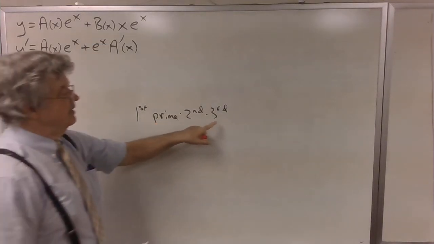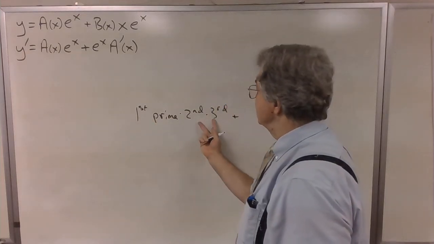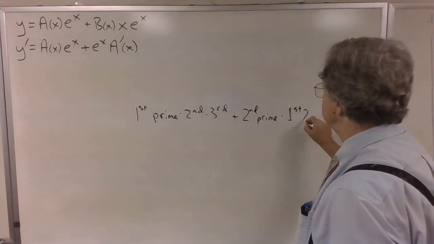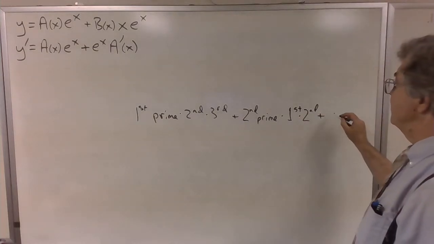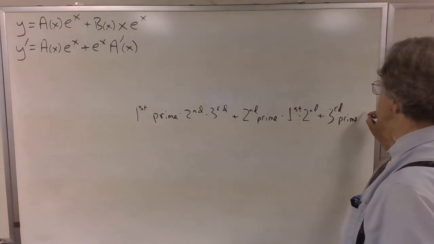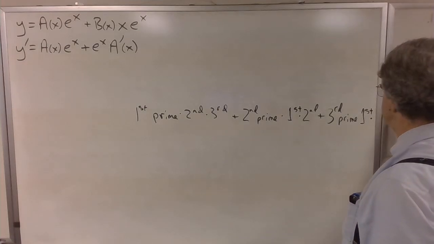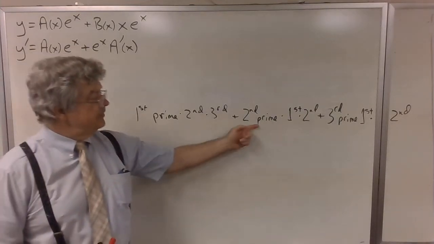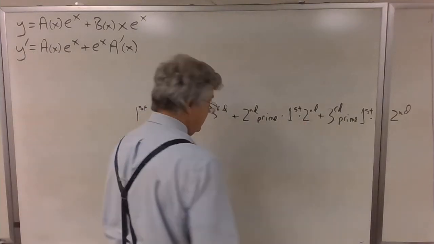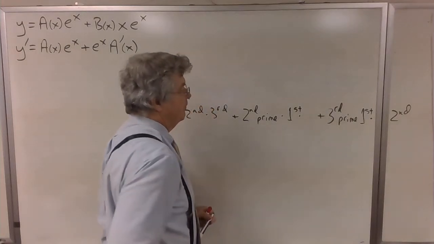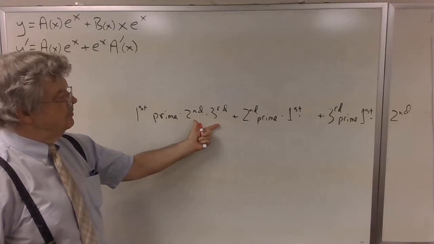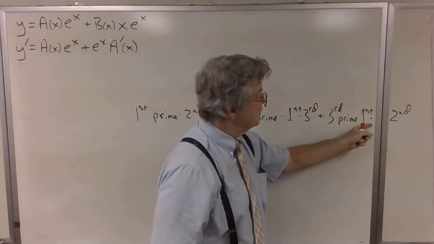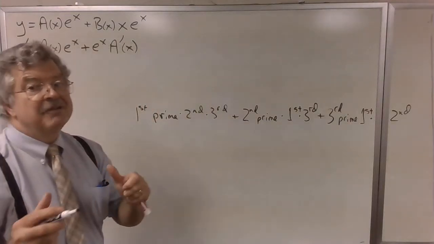Take the first prime times the other two, and then take the second prime times the other two, plus the third prime times the other two. That's how we do it, or at least that's how we're going to do it today.